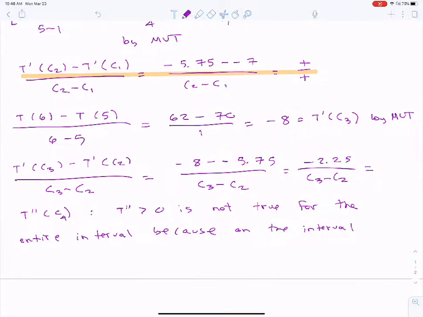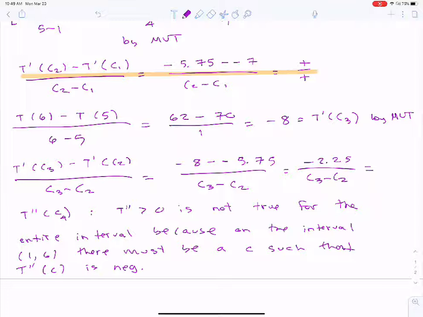So I can say on the interval from 1 to 6, okay? So that would be my explanation.